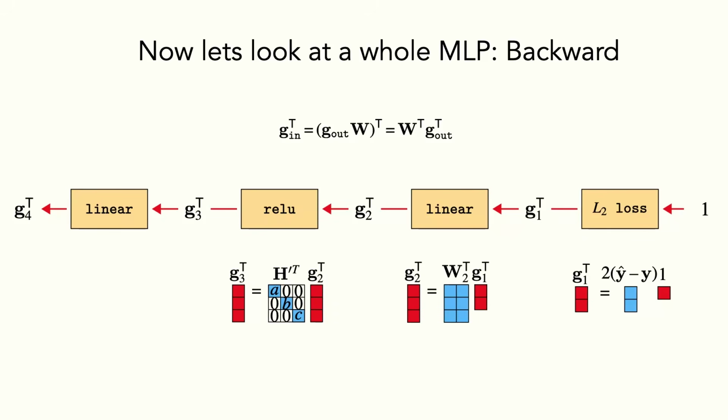This makes sure you're not passing gradients for the components that fell in the zero part of the ReLU. You don't want to send gradients for parts that should be masked out.